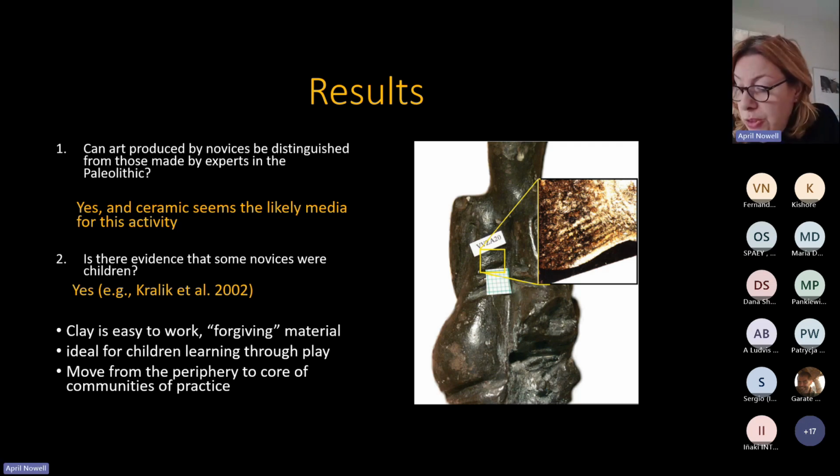So, for example, the fingerprint on the back of the Dolní Věstonice figurine belongs to someone of around the age of 7 to 13. So it's not just evidence of novices as distinguished from experts as makers of some of these crafts in the Upper Paleolithic, but that some of these novices were indeed children.